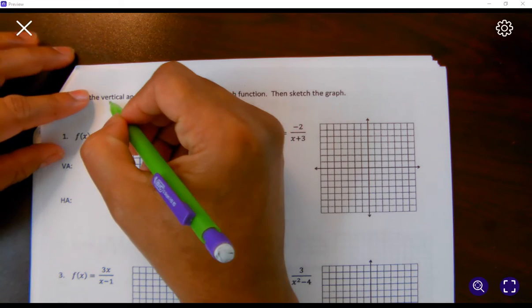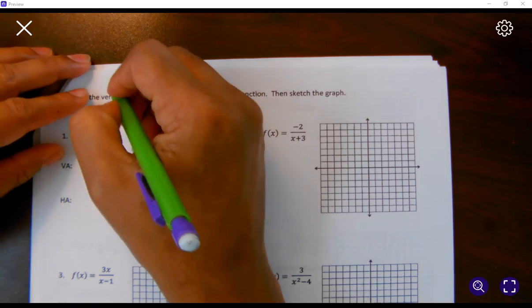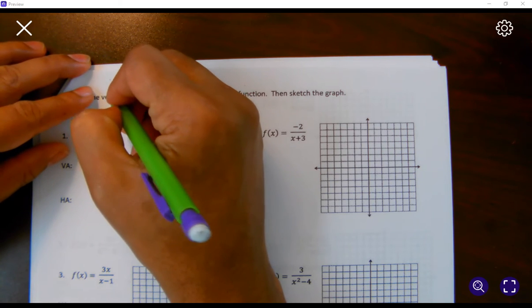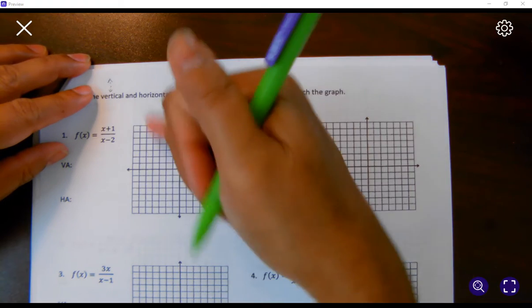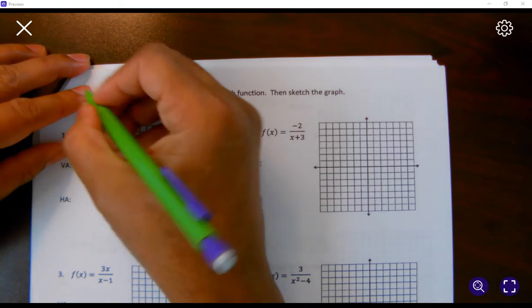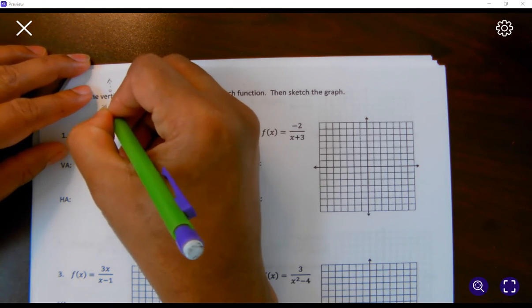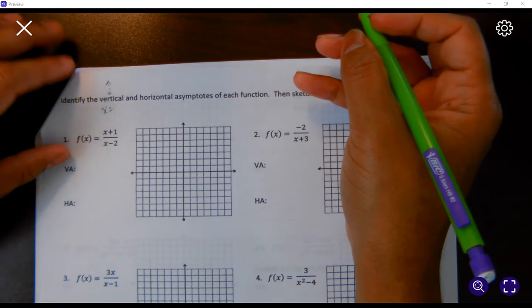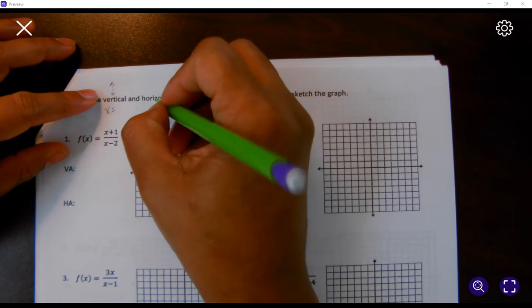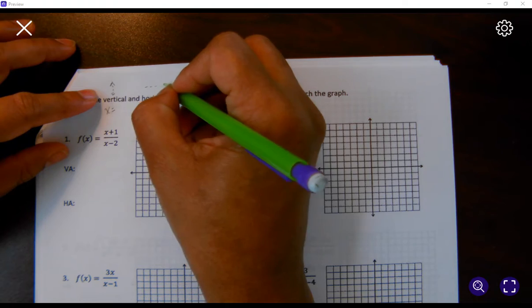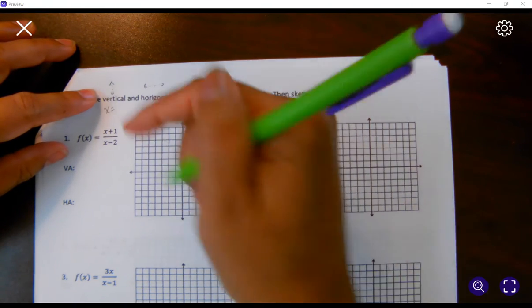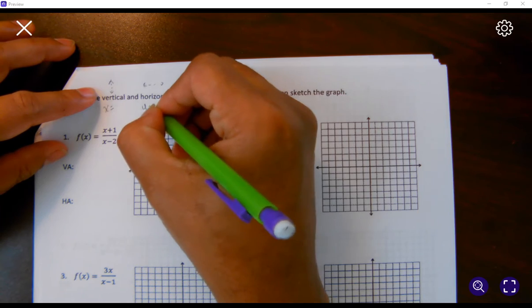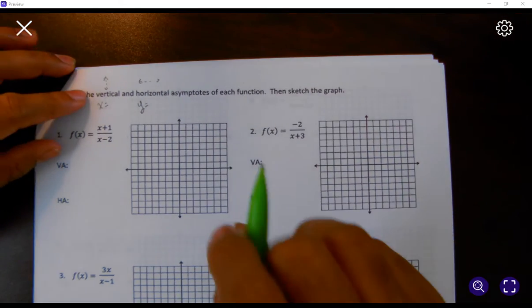So a vertical asymptote, because it's a vertical line, vertical lines always cross the x-axis. So for vertical asymptotes, it's always going to be x equals. And then for horizontal asymptotes, the one that goes sideways, they always cross the y-axis here. So we say that horizontal asymptotes are always going to be y equals.